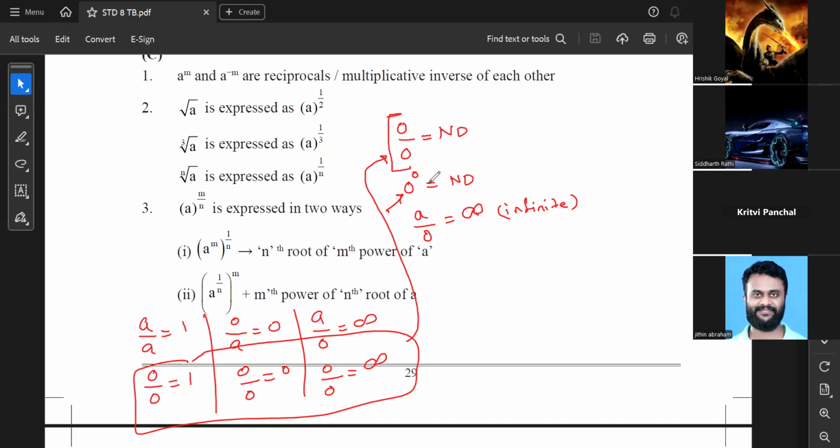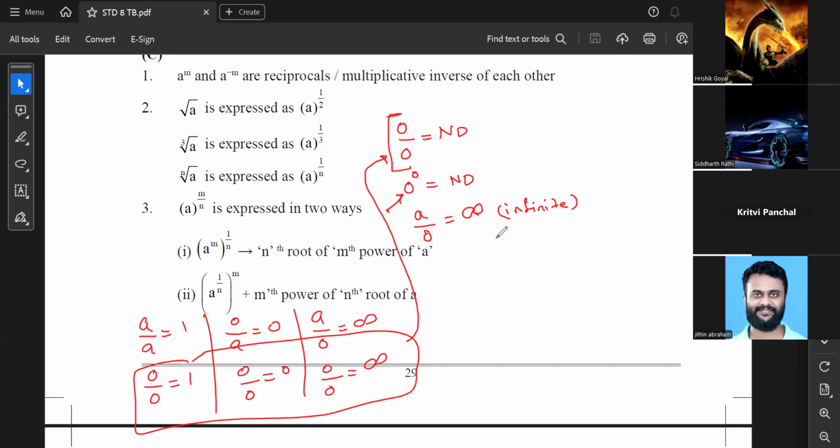I read also about A upon zero. So I searched on the internet, and every site that I searched on said that anything upon zero is not defined. It isn't infinite. It is not defined, as I've already told you. Anything upon zero is defined on higher grades. On higher grades, it is defined as infinite.